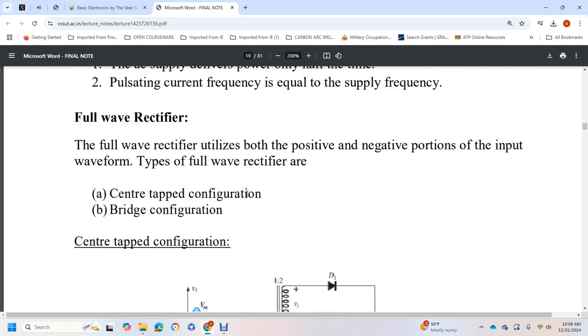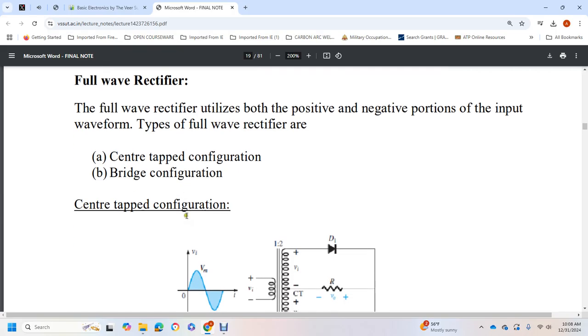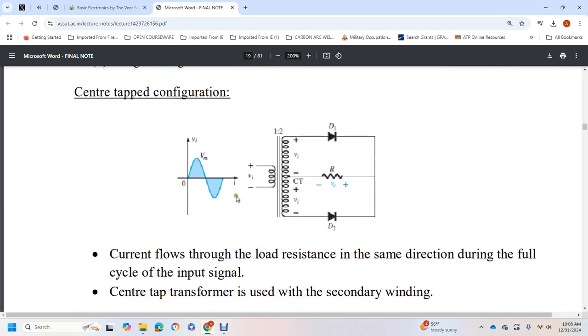Full wave rectifier. A full wave rectifier utilizes both the positive and negative portions of the input waveform. Typical types are the center tap configuration and the bridge configuration. The center tap configuration is shown with a transformer coil, two diodes, and a resistor. Current flows through the load resistance in the same direction during the full cycle of the input.